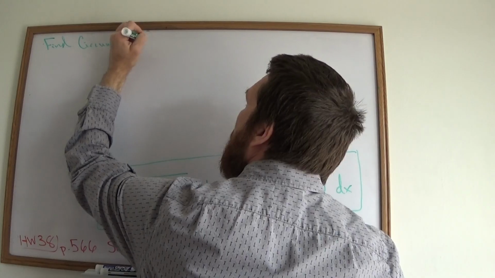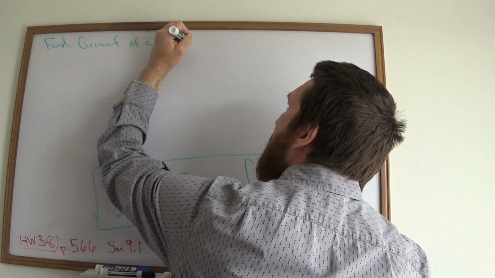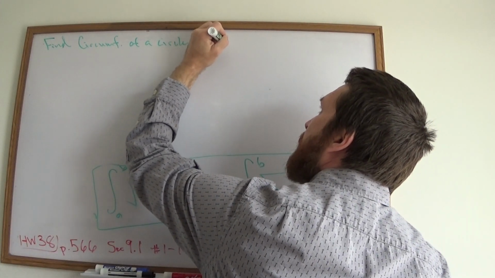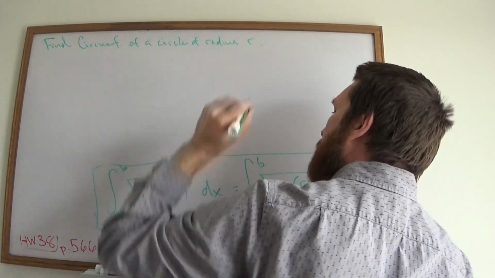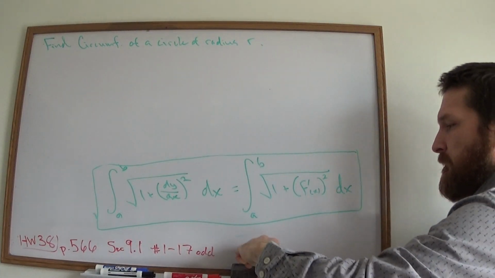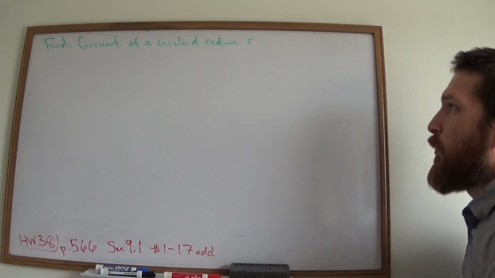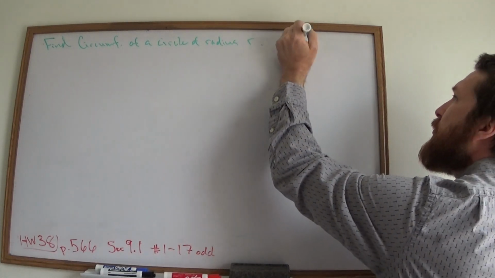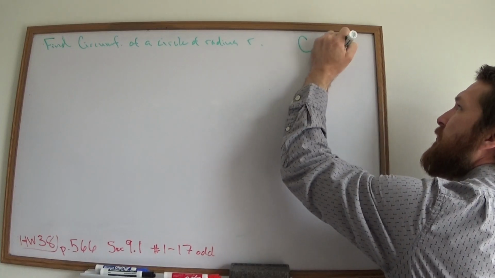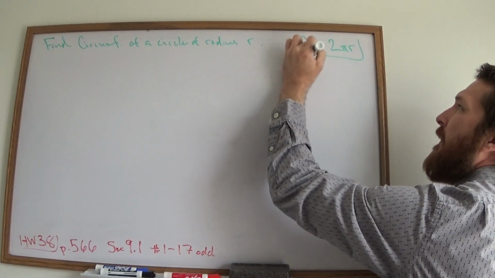Find the circumference of a circle of radius r. It should be 2 pi r. Let's prove that.